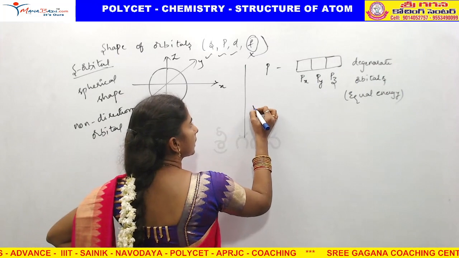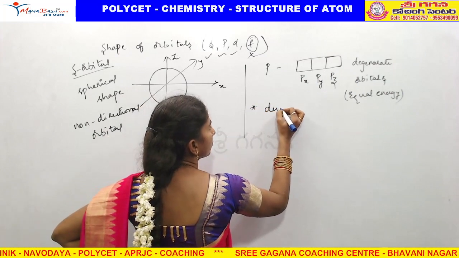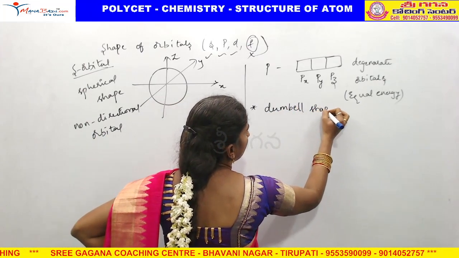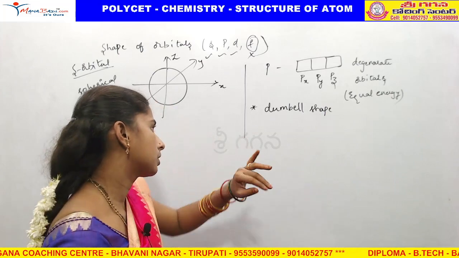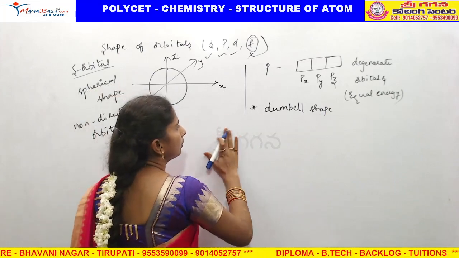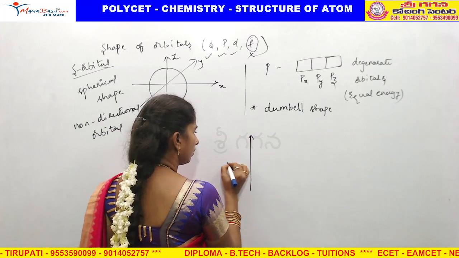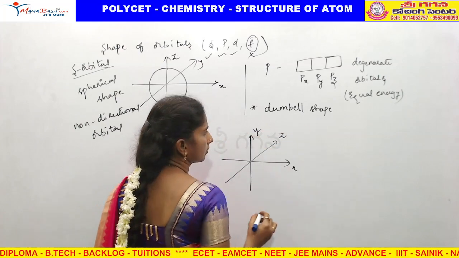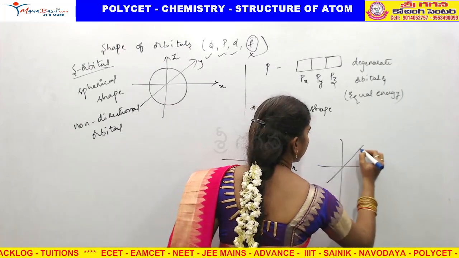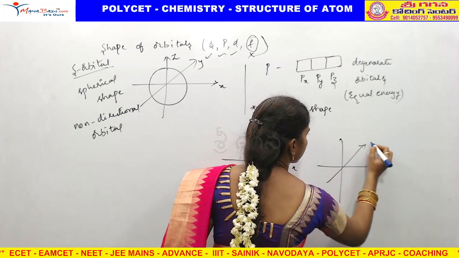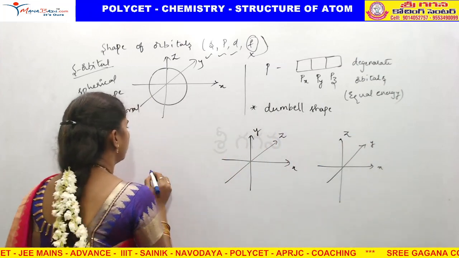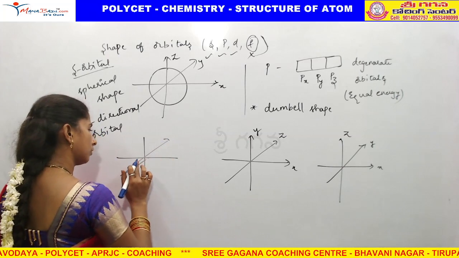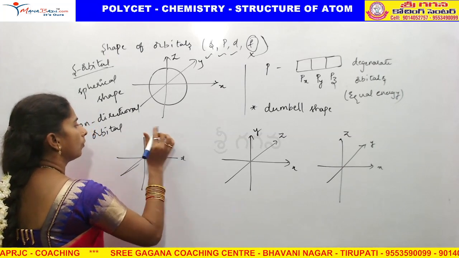The p orbital has a dumbbell shape. I think you know a dumbbell, as in weightlifting. One dumbbell is on the x-axis, another on the y-axis, another on the z-axis.